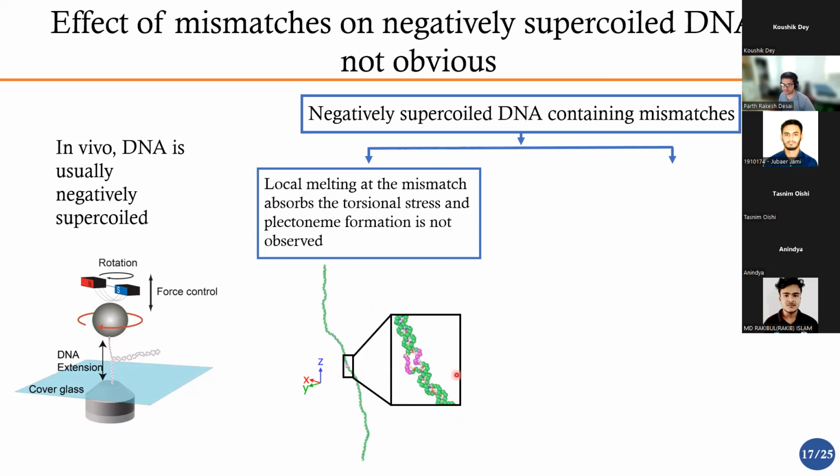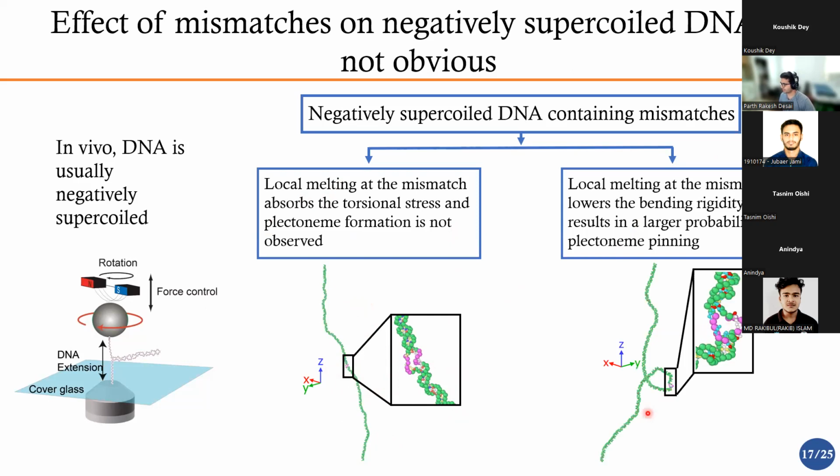Or you could have a scenario where the negative supercoiling weakens the DNA structure somewhat, right? So you have some melting, but it's not that weak. And so every time you apply the twist, it still buckles and forms this plectoneme structure. In this scenario, you would expect a higher probability of pinning at the mismatch, because when the mismatch is locally melted, it's almost 2 single strands of DNA.